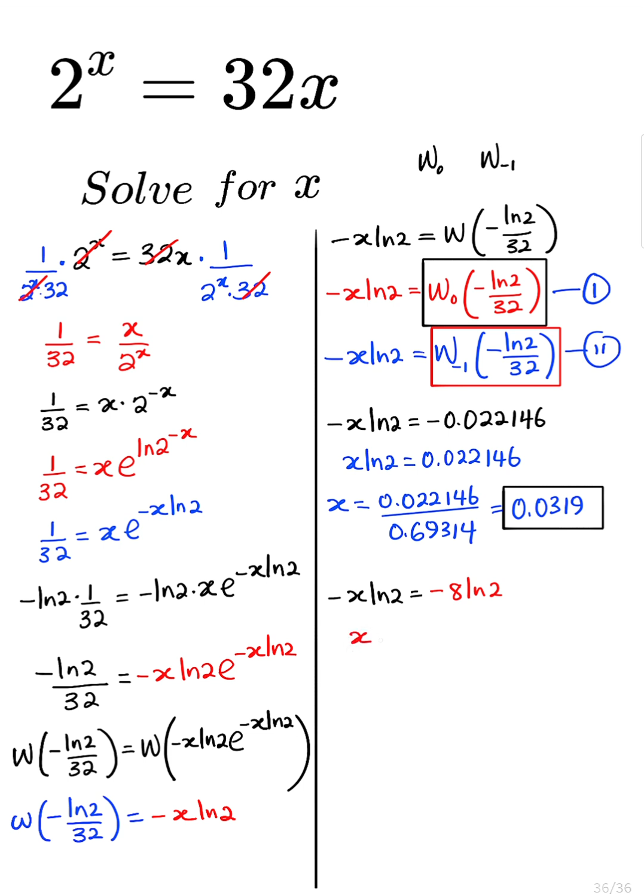We have x ln 2 equals 8 ln 2. If you notice, we have the same term ln 2 on both sides, which we can eliminate, leaving behind that x equals 8. So here are the two values of x that satisfy the equation: x equals 0.0319 or 8.